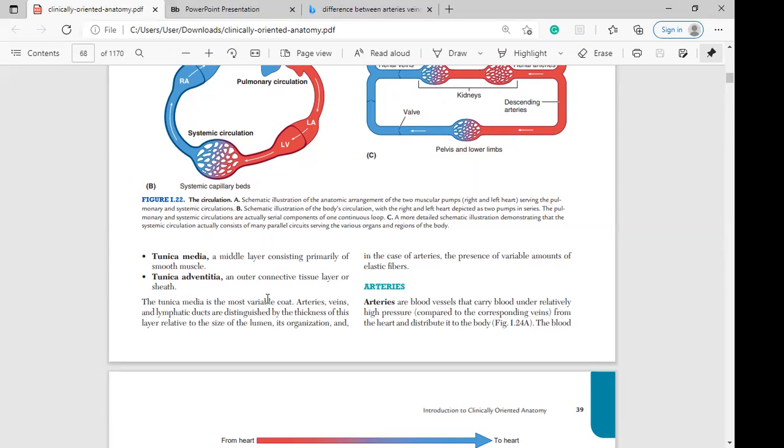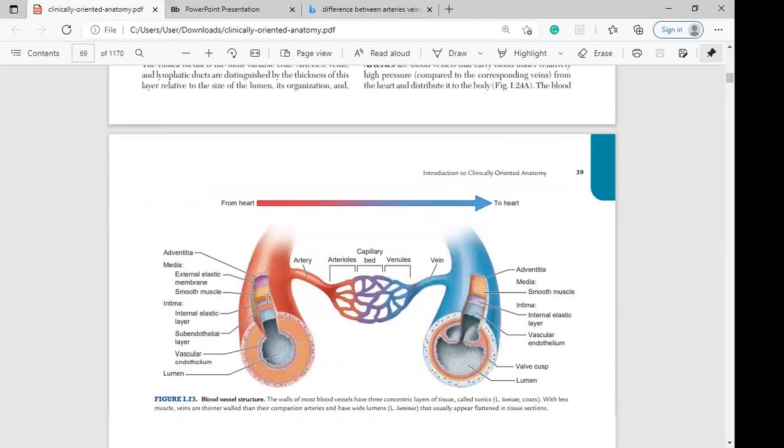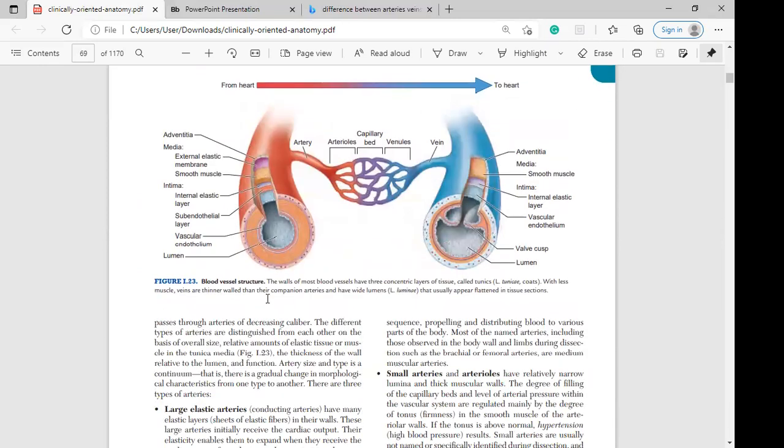Okay? Now we're going to look at the picture that I showed you yesterday. This one that we snapped. This picture shows you the structure, a kind of histology, of the arteries and the veins especially. Let's identify the 3 tunics that we talked about. This red one here is an artery, and this blue one is a vein. And then here you have the capillary.